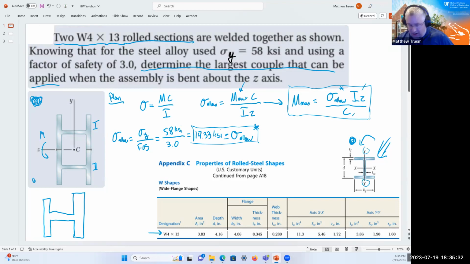So if I redraw this, basically rotated 90 degrees, this is capital Y. Where I'm going with this is recognizing that because these two I-beams are welded together, they're symmetrical about this Z-axis. If I call this section BB, that's my line of symmetry, right?